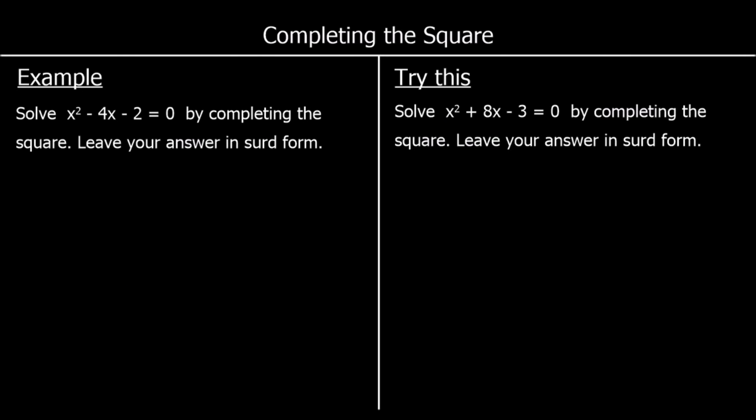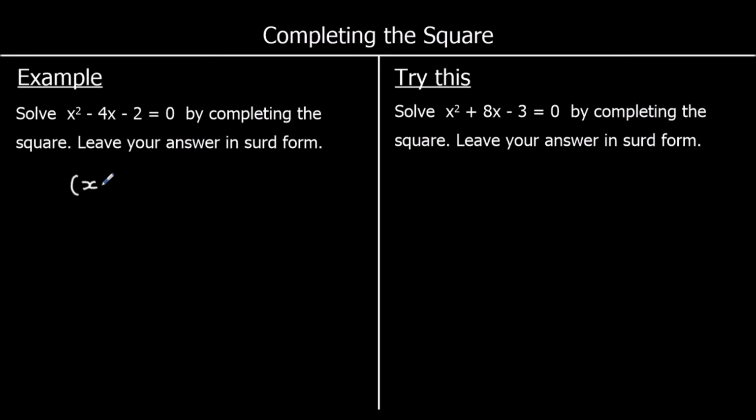In this question, we have an equation. We are told that x squared minus 4x minus 2 equals 0, and we are being asked to solve by completing the square, and we'll leave our answer in surd form. So the first step is going to be to complete the square. We're going to take our minus 4 and half it, which will be minus 2.